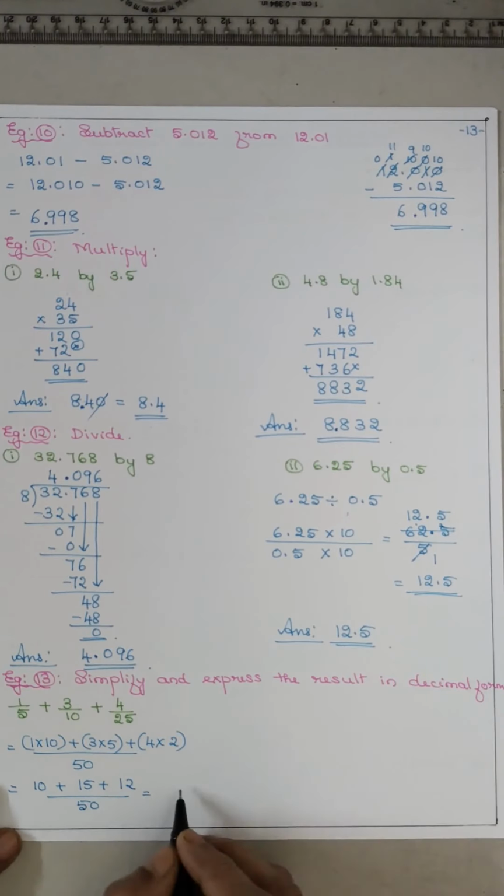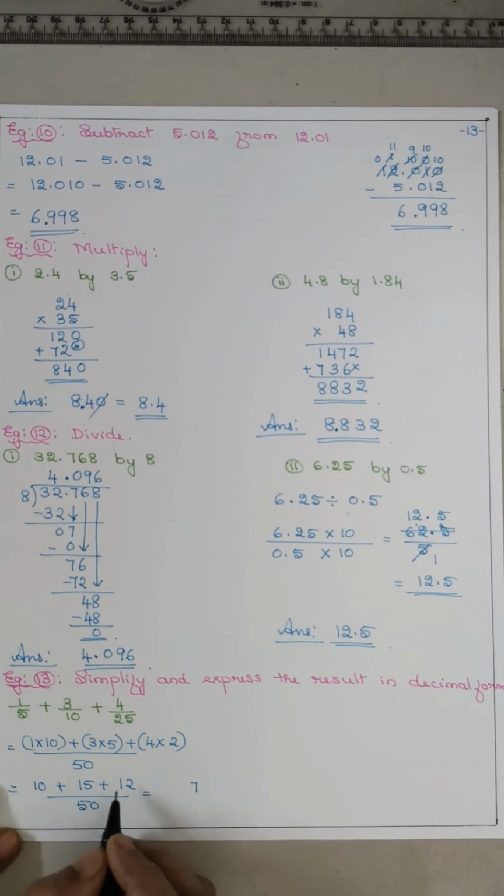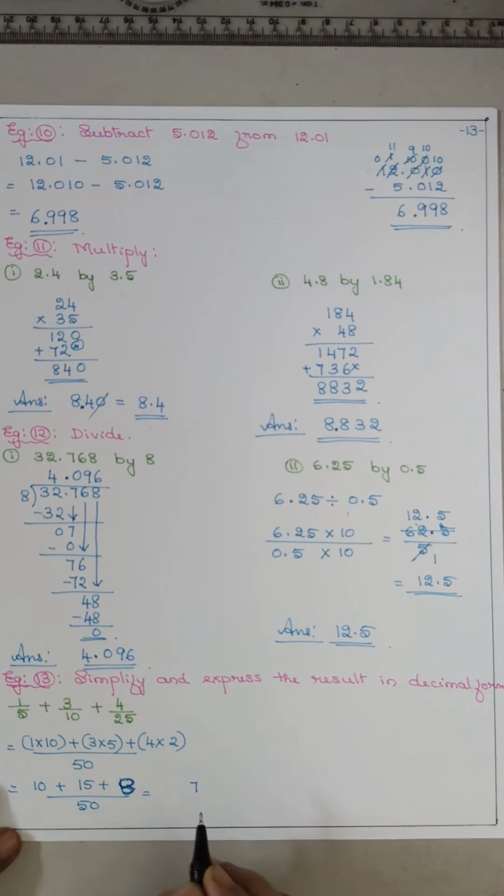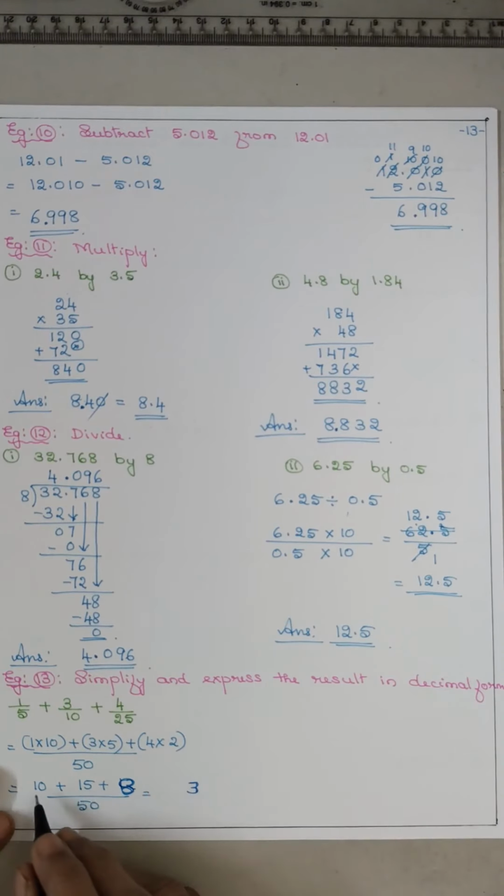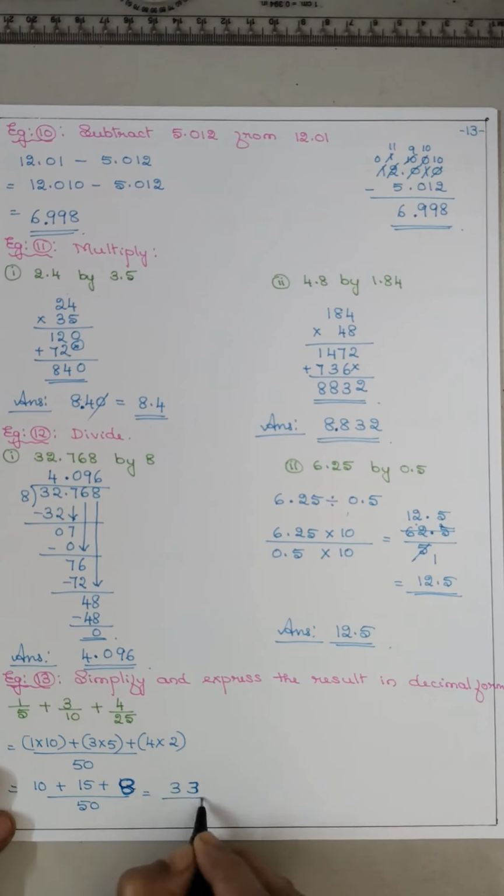It's 2 plus 5 plus 2 is 7. Sorry, 4 twos are 8. 5 plus 8 is 13. 1 plus 1, 2 plus 1, 3. 33 by 50.